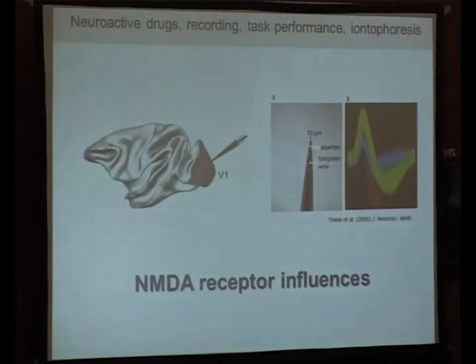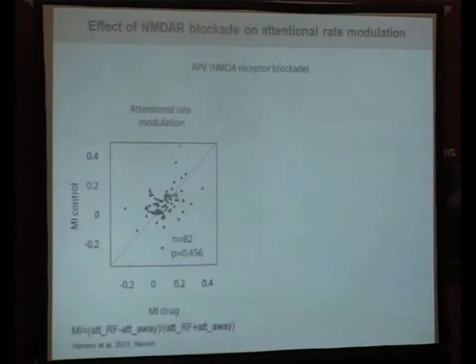And when it comes to the NMDA receptor modulation, I'll show you the changes in reaction time. So now what we do again is same approach, but instead of using cholinergic drugs, we apply either APV, which blocks NMDA receptors, or we apply AMPA blockers, CNQX, which affects non-NMDA glutamatergic ionotropic receptors.